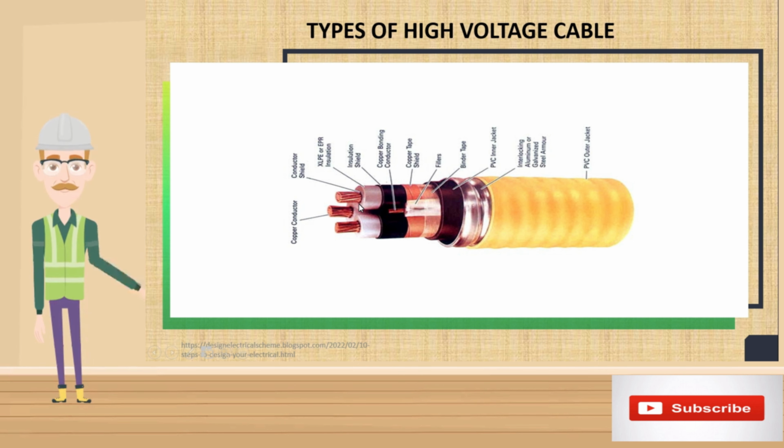Then you can see a conductor shield followed by XLPE or PVC insulation, then insulation shield, a copper bonding conductor, copper tape shield, fillers, binder tape, PVC inner jacket, aluminum or galvanized steel armor. Then at the peripheral side, we use PVC outer jacket.